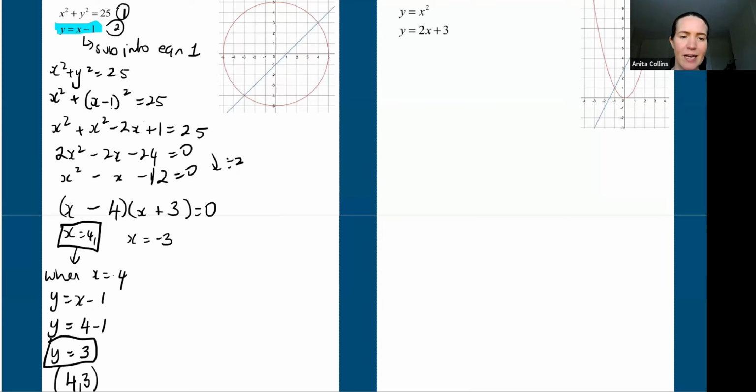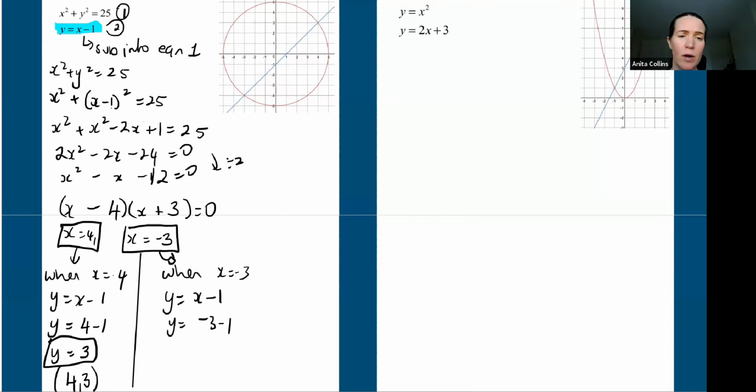Now let's look at the second situation. In the second situation, we've got x is equal to minus 3. So when x is equal to minus 3, again, the same equation for y is equal to x minus 1. So y is equal to minus 3 minus 1. y is equal to minus 4. So our coordinate here is x is minus 3, y is minus 4.